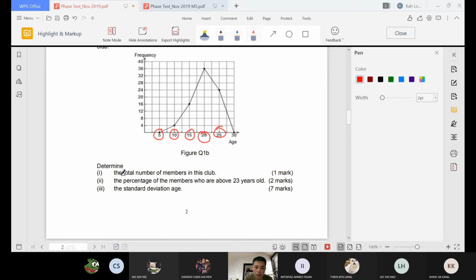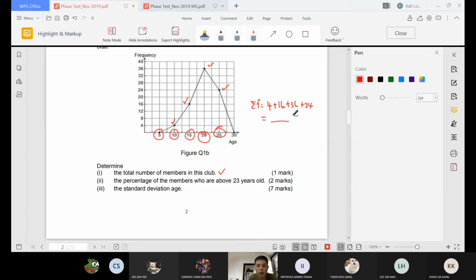Now the first question is the total number of members in this club. So you find the frequencies and the total: 4 plus 16 plus 36 plus 24.